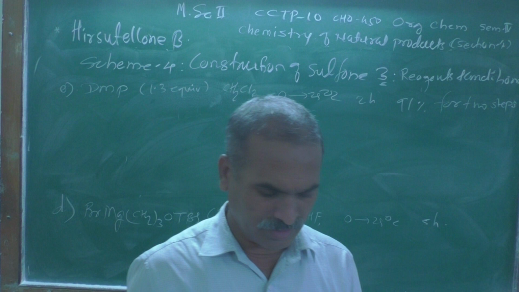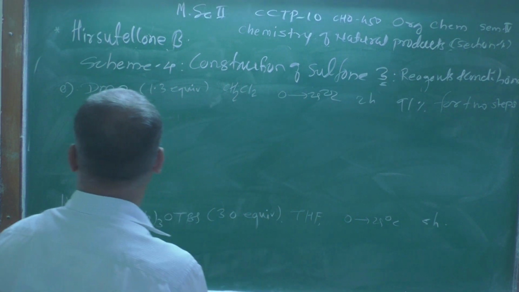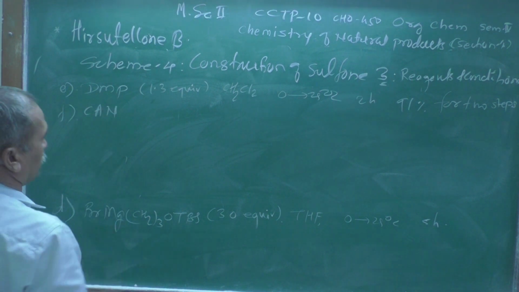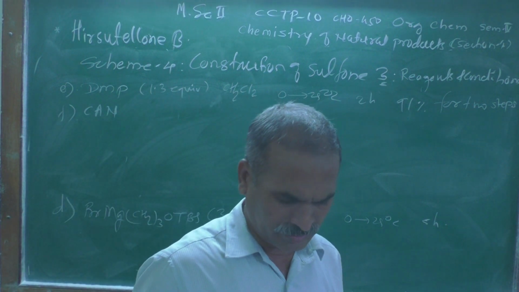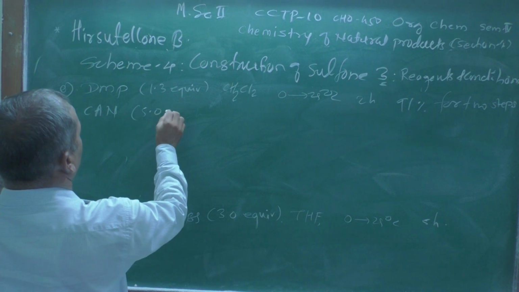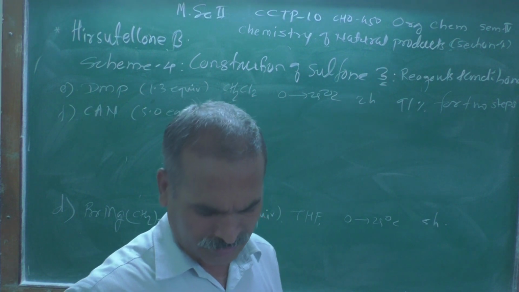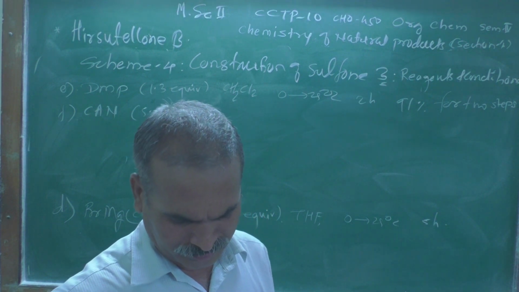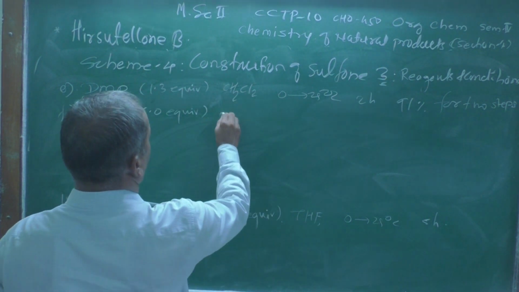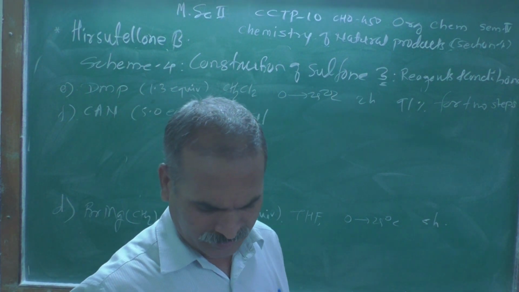Now let us see the next. F is CAN, that is the reagent they have used. The equivalent they have taken is 5.0 equivalent, and the solvent is methyl cyanide as well as water.